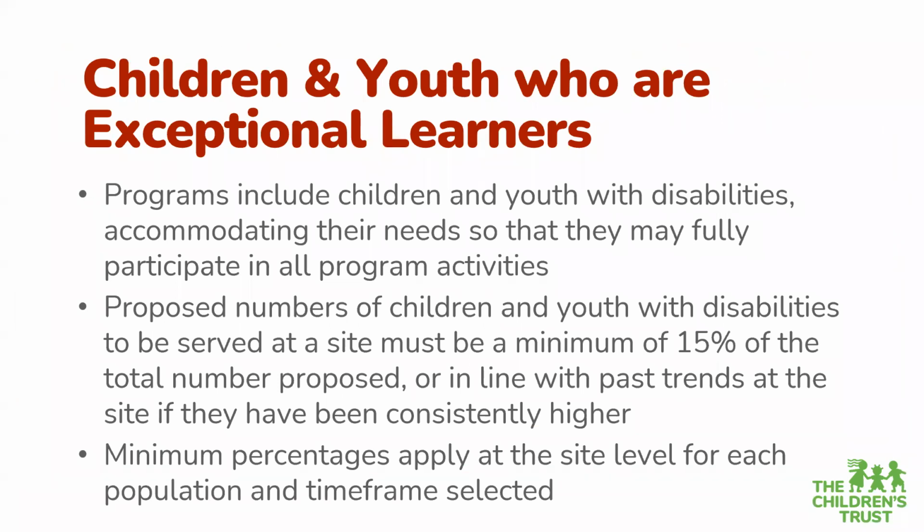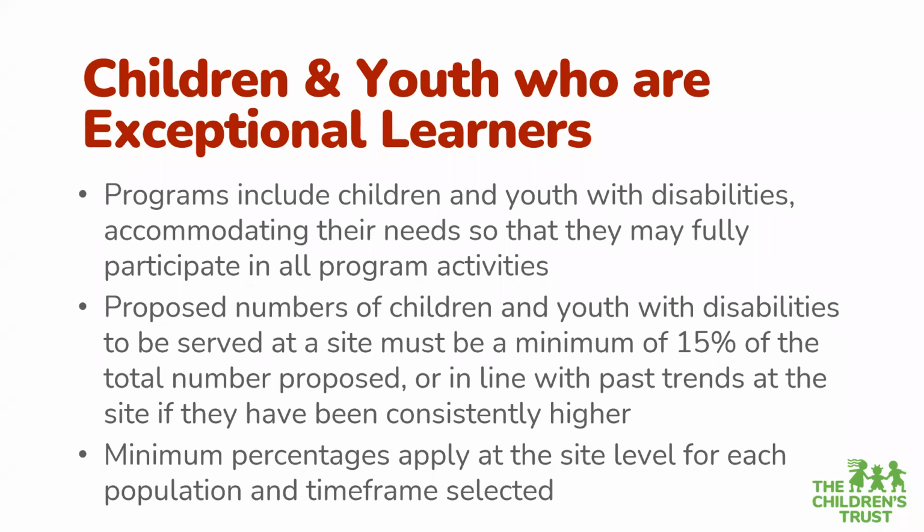Okay. So as you will read, also very critical and important to our funding and what our aspirations are for the next funding cycle is that children and youth who are exceptional learners, you'll read about it throughout the RFP. And it's important to understand that it's expected programs include children and youth with disabilities, accommodating their needs so that they can fully participate in program activities.